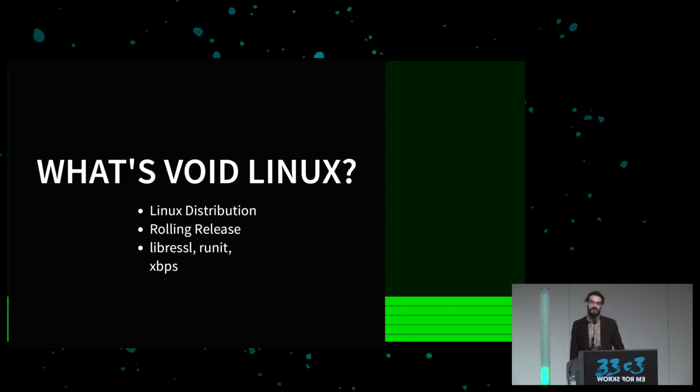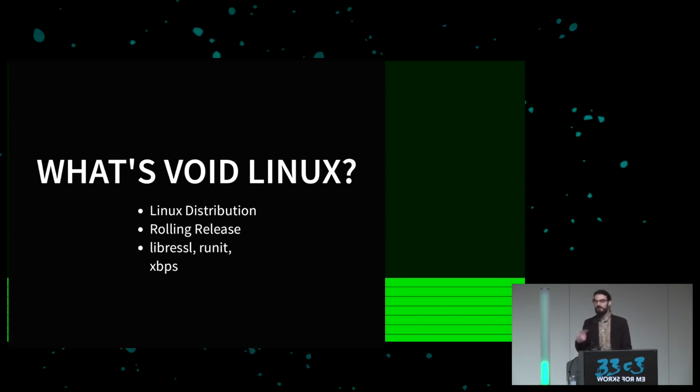What are the core features of Void Linux? As I said, it's a Linux distribution. It's completely rolling release. So as soon as a new commit hits our GitHub repository, our build server builds the packages and releases the package fully automatically. So no release cycle is implemented.